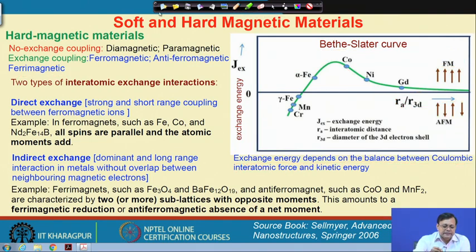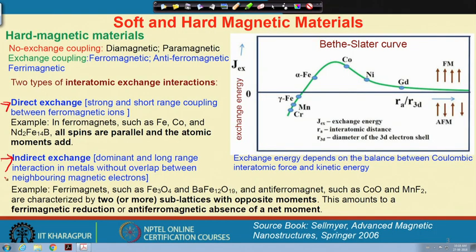In that case, two different types of atomic exchange mechanism have been seen. Here we are not talking about the exchange coupling between two grains, we are talking about the exchange interaction between two atoms. So, let us say I have one atom which is iron and another atom which is cobalt.